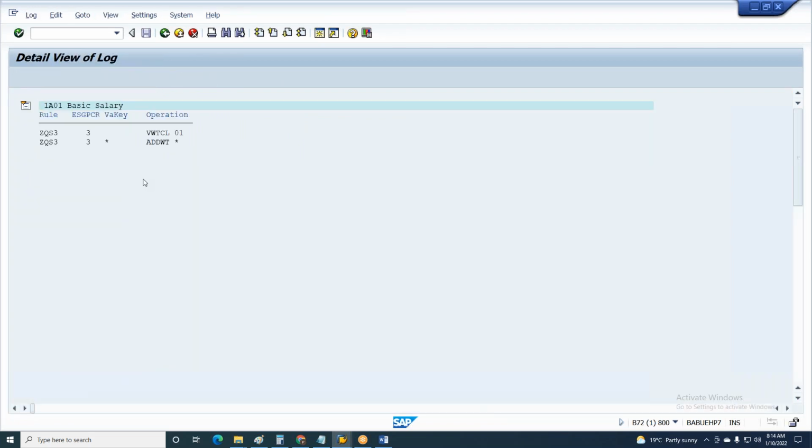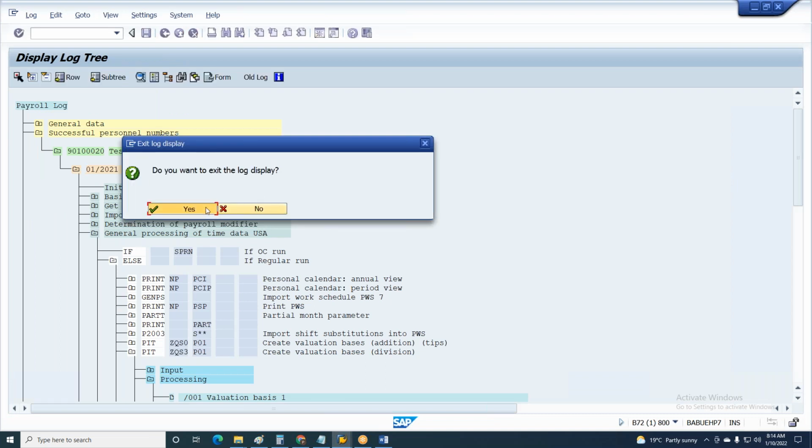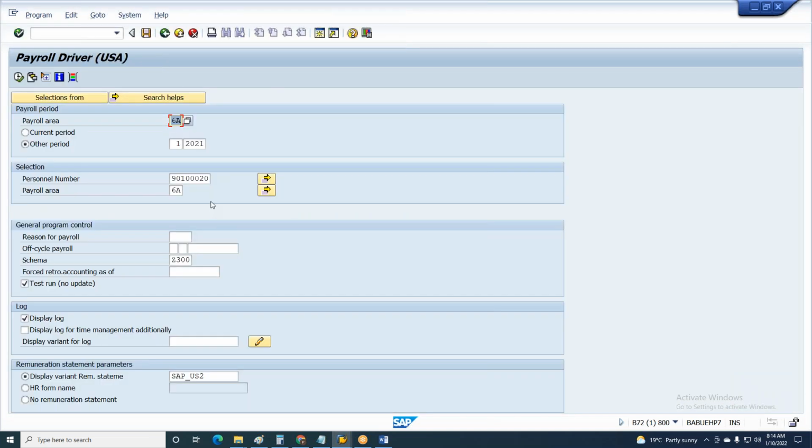Okay. So what is the advantage of having a processing class here? In case in the future you are creating a new wage step in InfoType 8, do we have to edit the rule, or is maintaining a specification enough? Maintaining a specification is enough. If we introduce a new wage step in InfoType 8, you just maintain a specification.